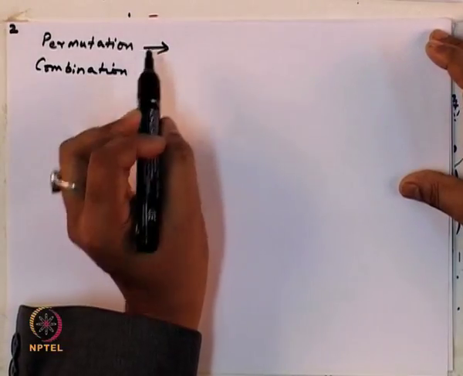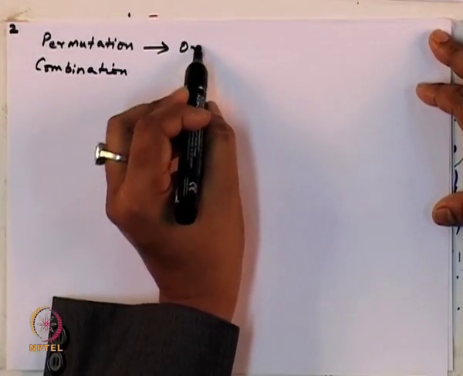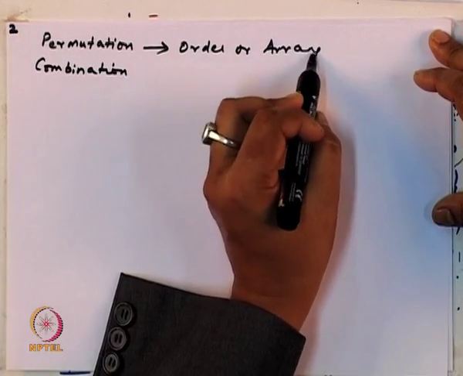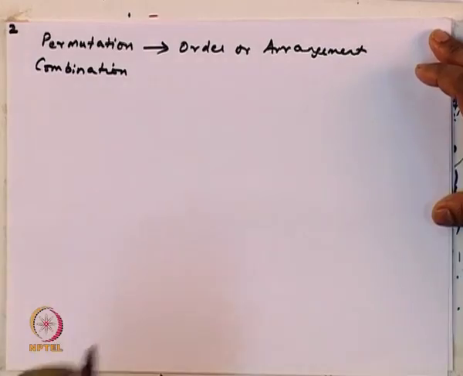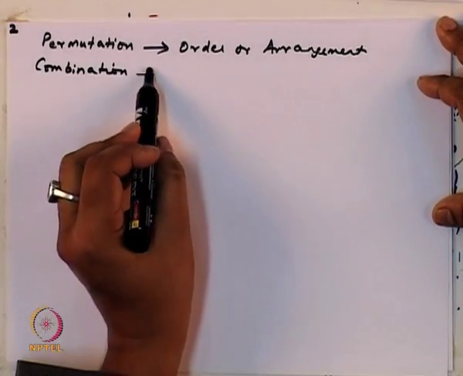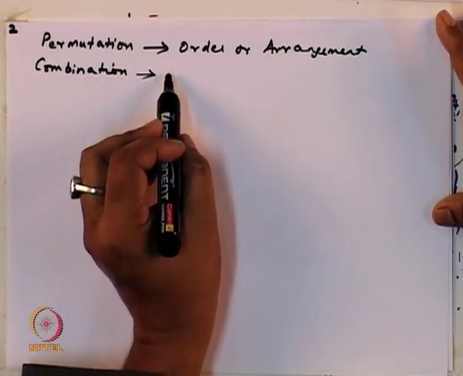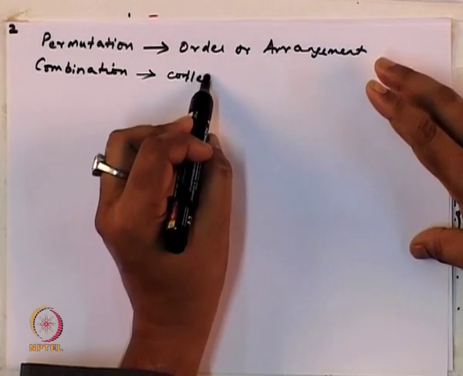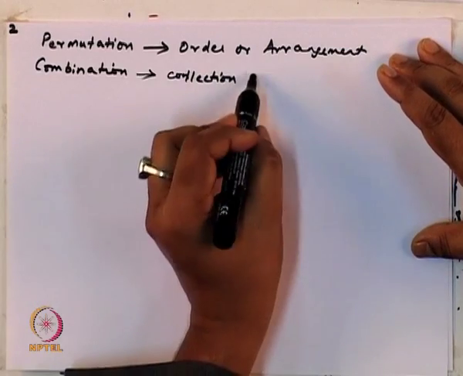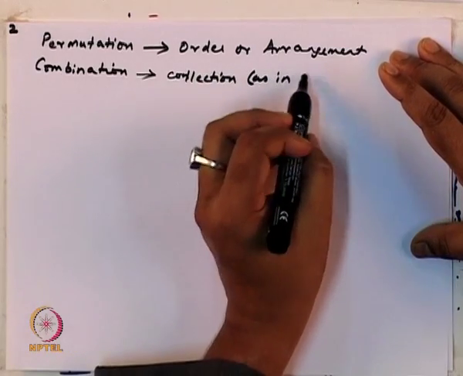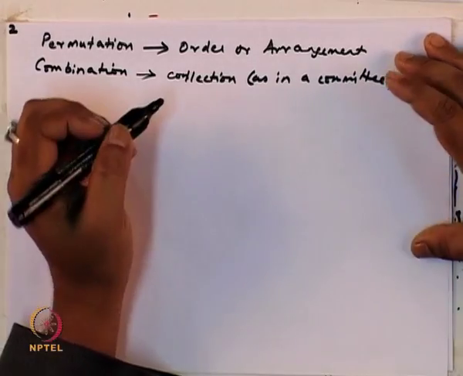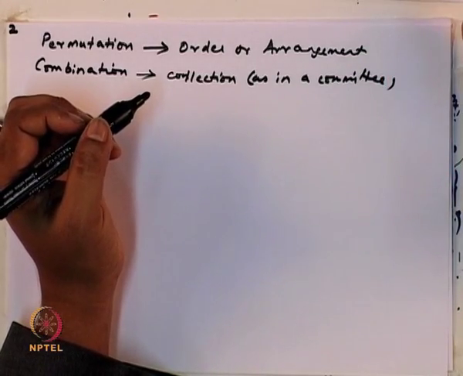When you talk about permutation, you talk about order or arrangement. When you talk of combination, you talk about a particular collection, as in a committee. In case of a committee, the ordering does not matter.